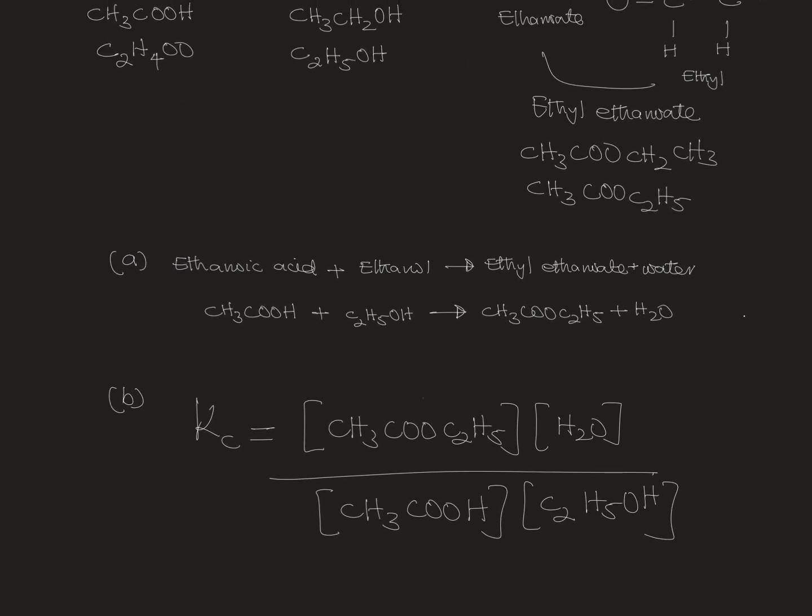When this equation has reached equilibrium, it means the rate of forward reaction is also going to be equal to the rate of backward reaction. So I will emphasize not to forget to indicate that the reaction is both going forward and backward.